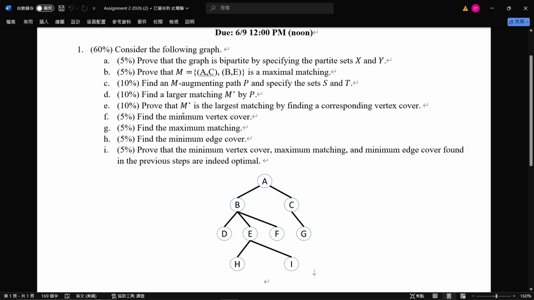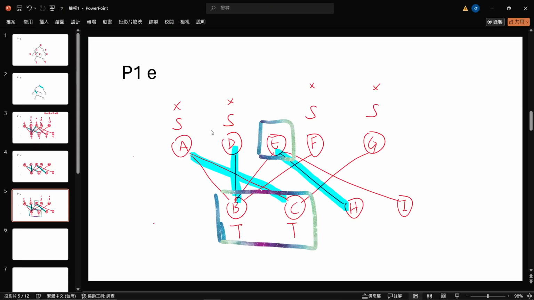So the minimum vertex cover is B, C, and E, and this is minimum because the size equals the size of the maximum matching. Basically, we have a matching and a vertex cover that have the same size. So this simultaneously shows that the matching and the vertex cover are optimal.